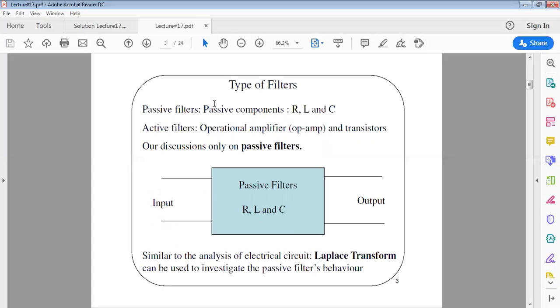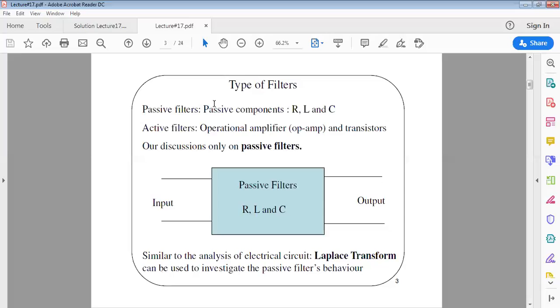So the components used are the resistor R, the inductor L, and the capacitor C. The other type of filters is what we call active filters, and the active filters contain the components of the op-amp, operational amplifier, and the transistors. I believe that the active filters will be learned in your electronic subjects. So our interest in this chapter, this topic, is on the passive filters. The passive filters contain the components of R, L, and C.